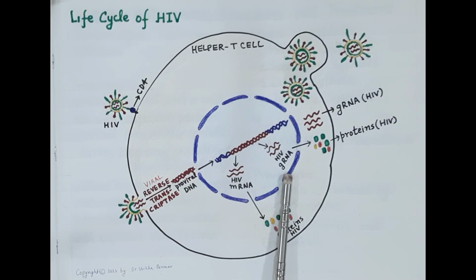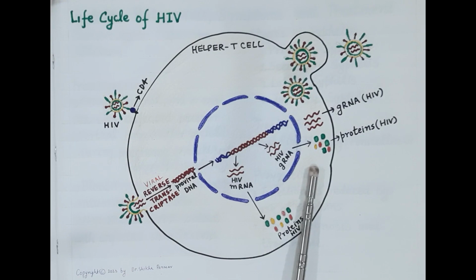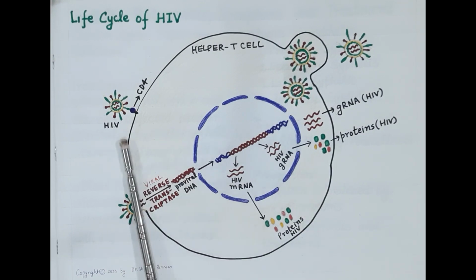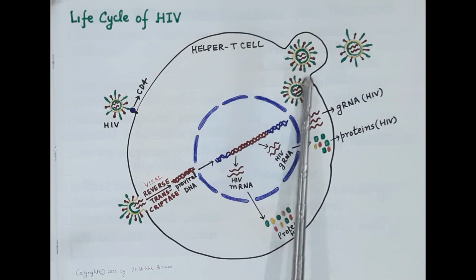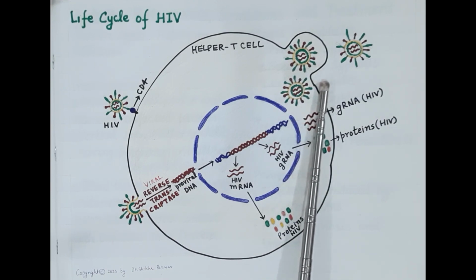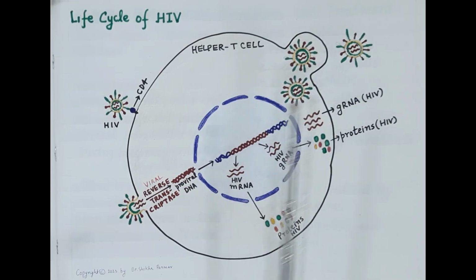So by the use of genomic RNA and HIV proteins, the single HIV multiplies and it produces hundreds and thousands of viruses. So this is how HIV, that is the human immunodeficiency virus, multiplies in the host cell.